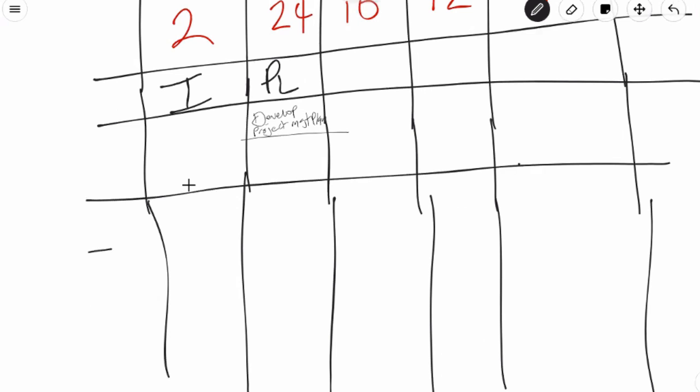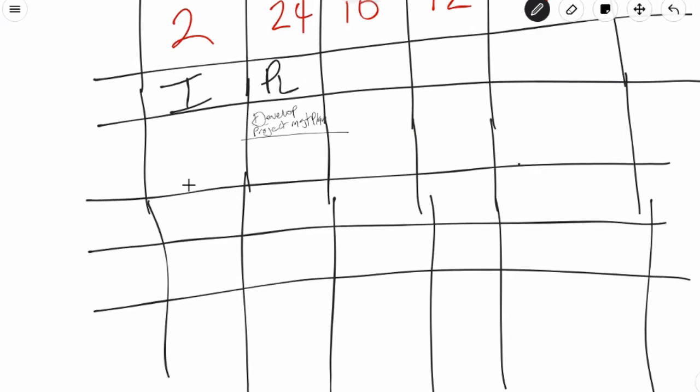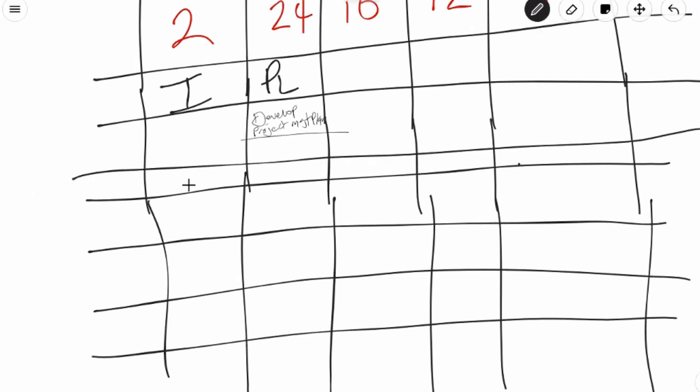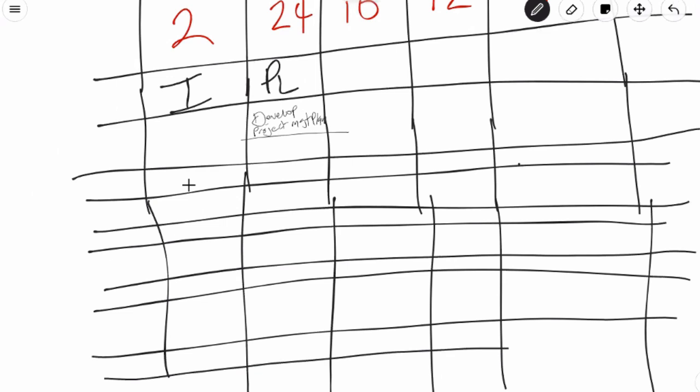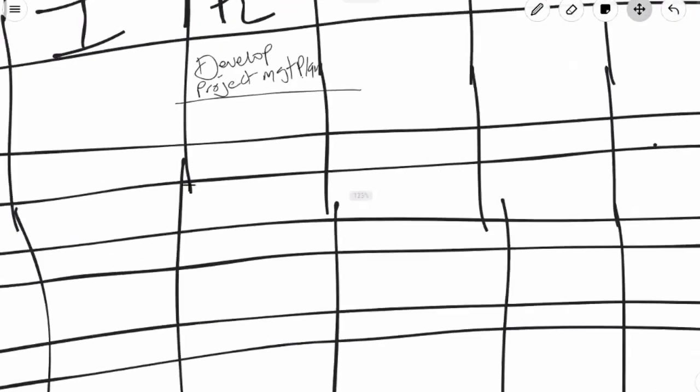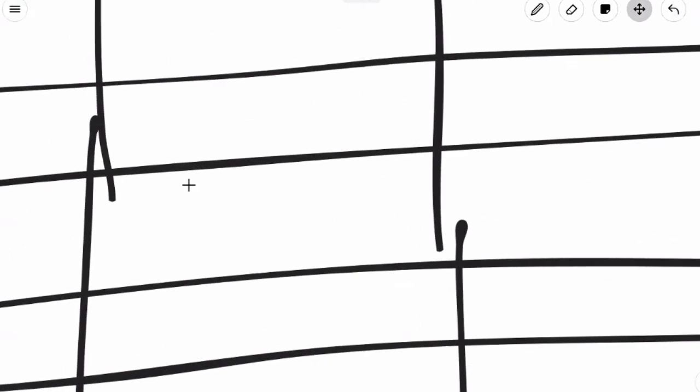So let's account for the 10 areas. Accounting for the 10 areas of knowledge, let me just zoom in here so that you get a good view.